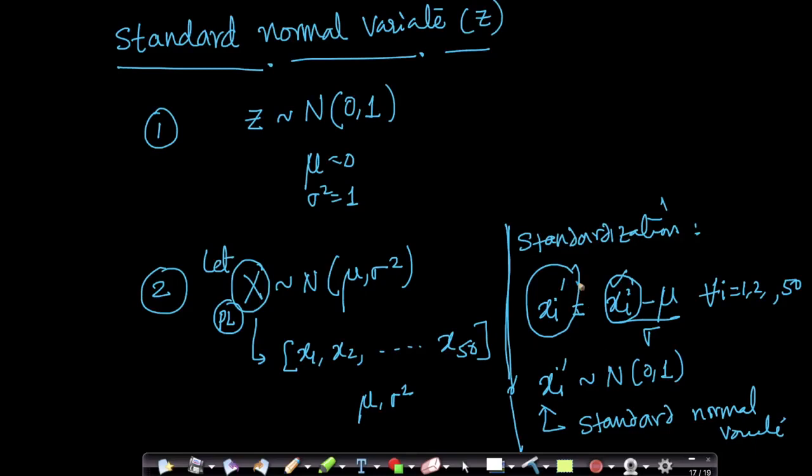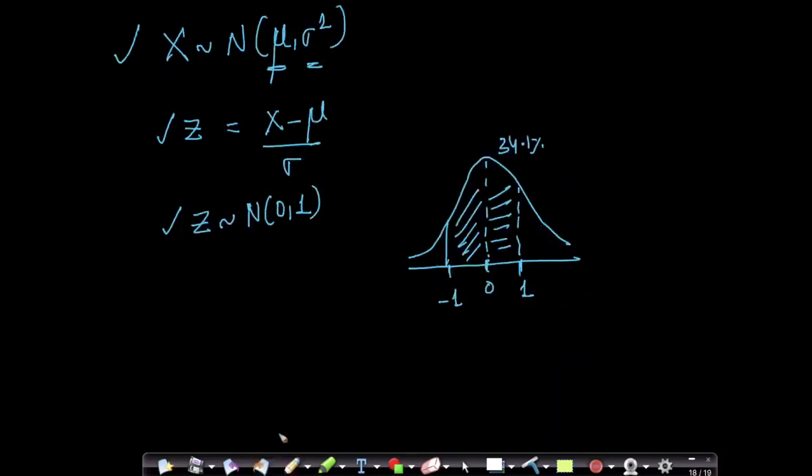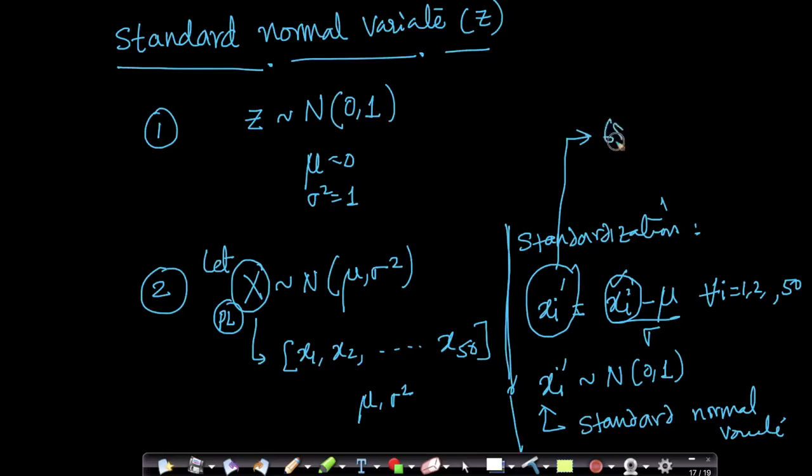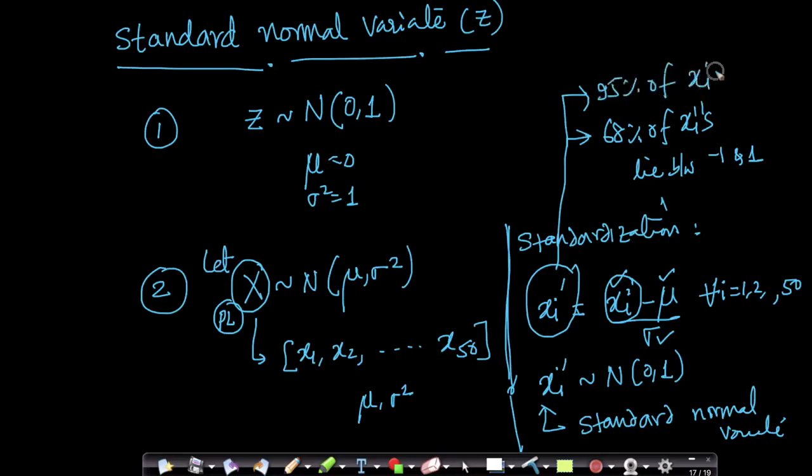So in this example, I know that 68% of my xi's lie between -1 and 1, whatever the value of mu and sigma is, it doesn't matter. And I also know that 95% of my xi dashes lie between -2 and 2.